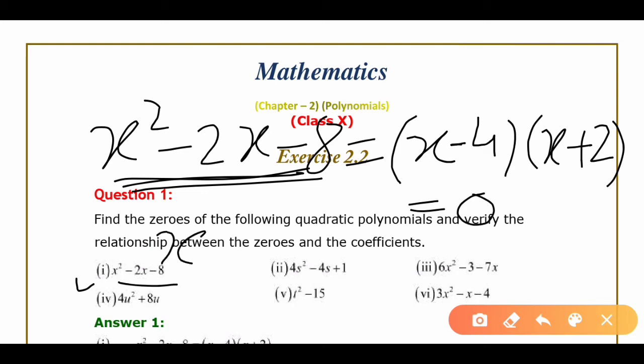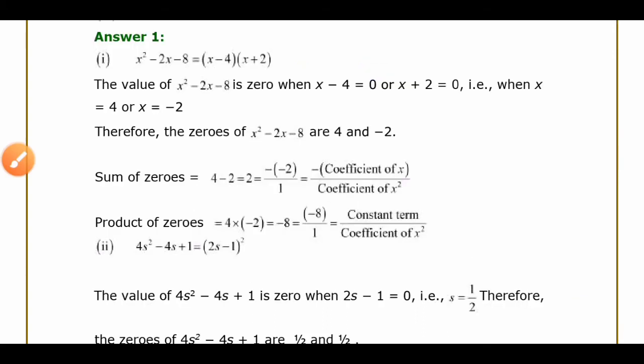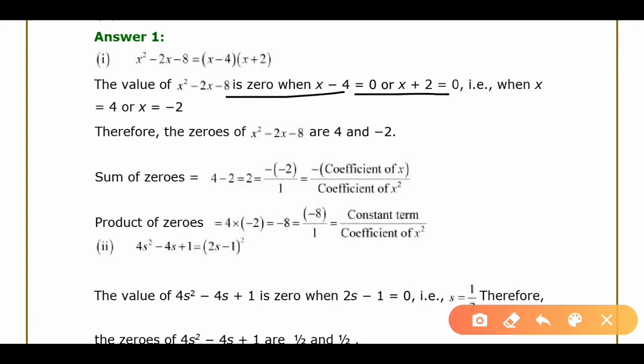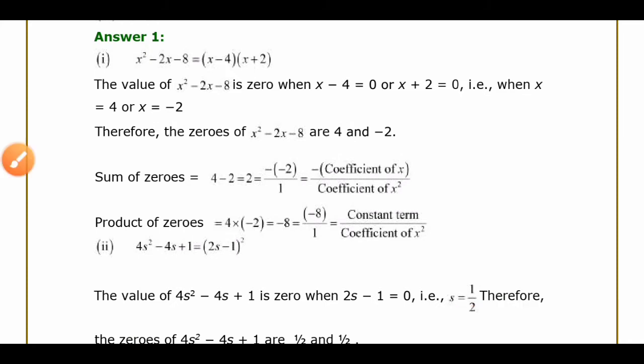So we will get the sums as 4 and minus 2. Now you can see x minus 4 equals 0 and x plus 2 equals 0. So we will get the solutions x equals 4 and minus 2.